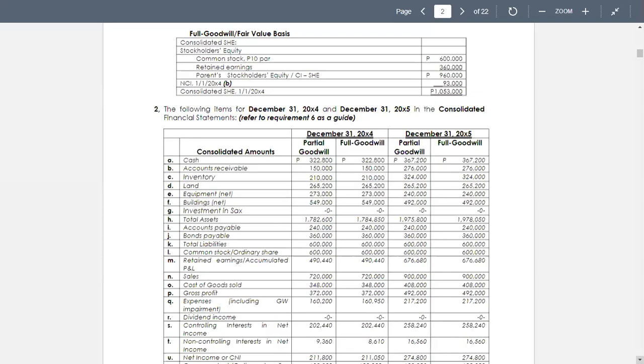We have to remember that accumulated depreciation is a credit. Building is a debit. Since the problem is requiring the net amount, we have to deduct the accumulated depreciation. And still, we have to deduct the amount of 216, okay? You get the amount of 216 by referring to the above.